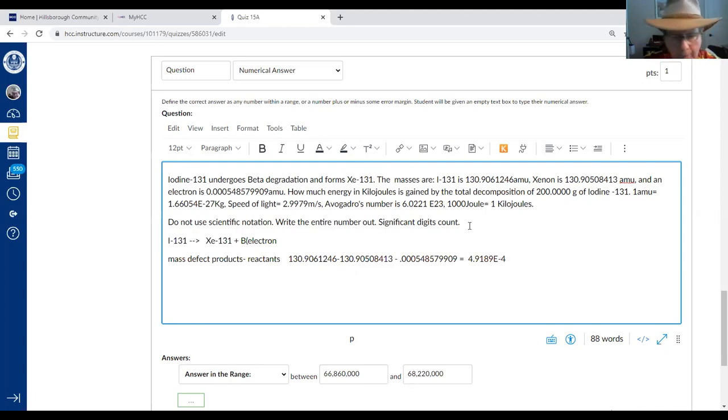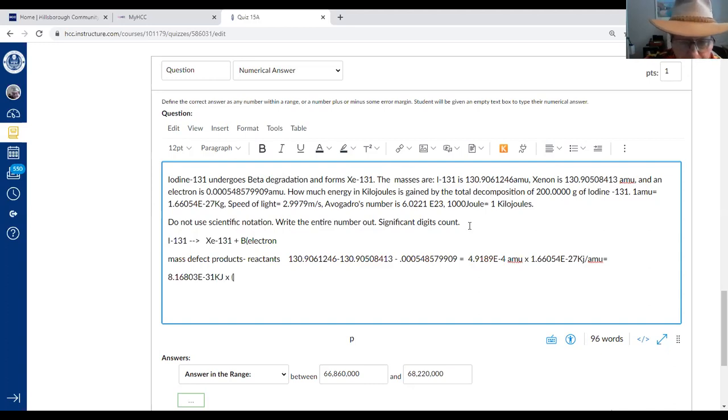This is AMUs. I multiply this by 1.66054 e to the minus 27 kilograms per AMU, and I get 8.16803 e to the minus 31 kilograms.